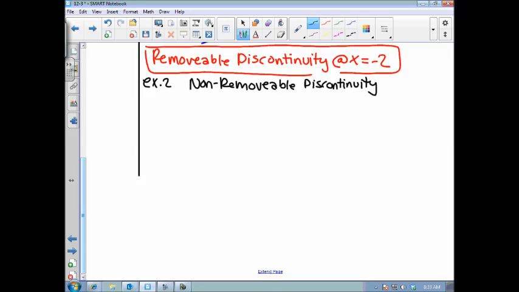Okay, example 2 is y equals x plus 4 divided by x plus 2. What's the habit you should have developed that we should throw in right here? Parentheses in 2 different places, right? Here and here. Okay, do those cancel out?